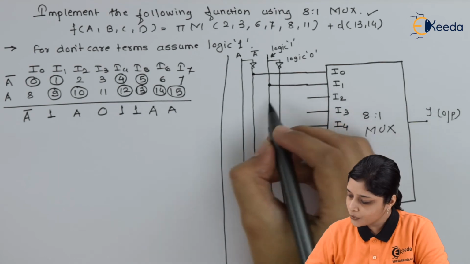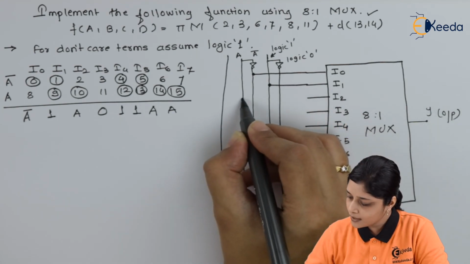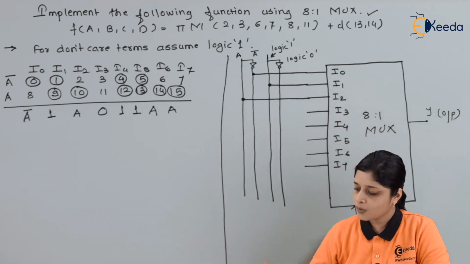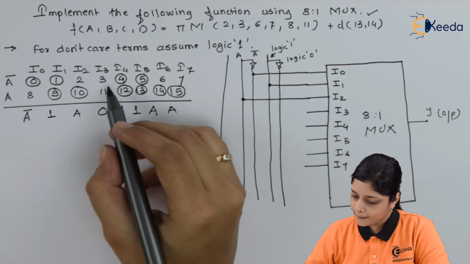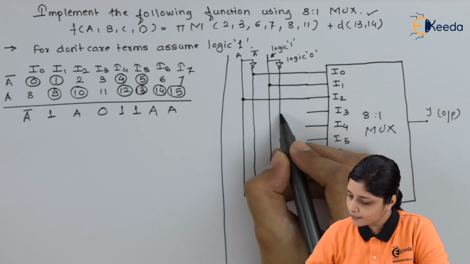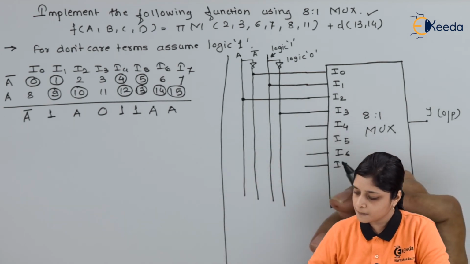Then for I2 you have to connect A only, so A is connected to I2. After that 0 you have to connect to I3.